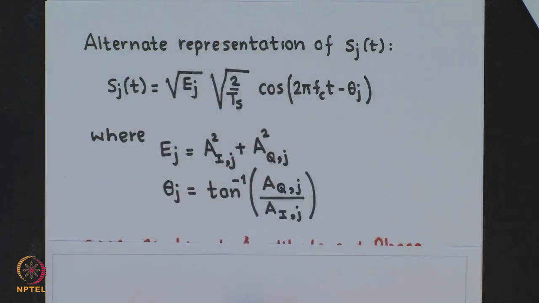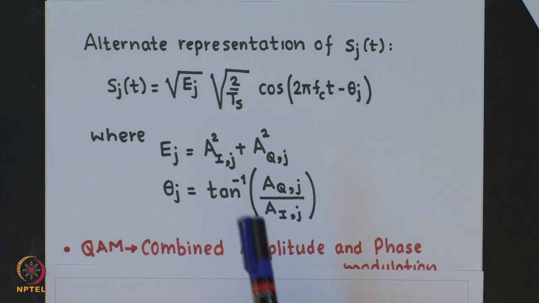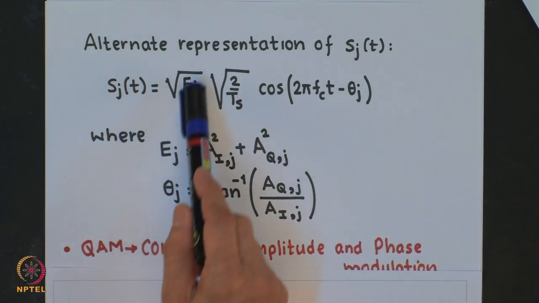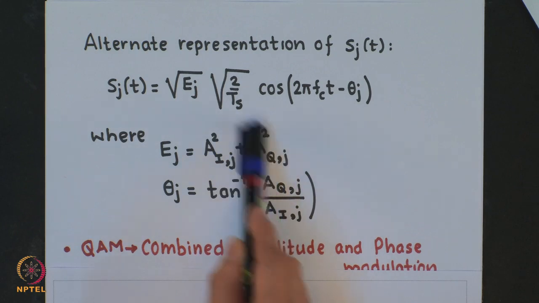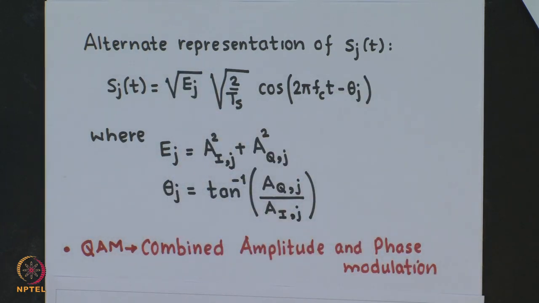So, in this representation we see that our QAM signal is a combination of amplitude and phase modulation.